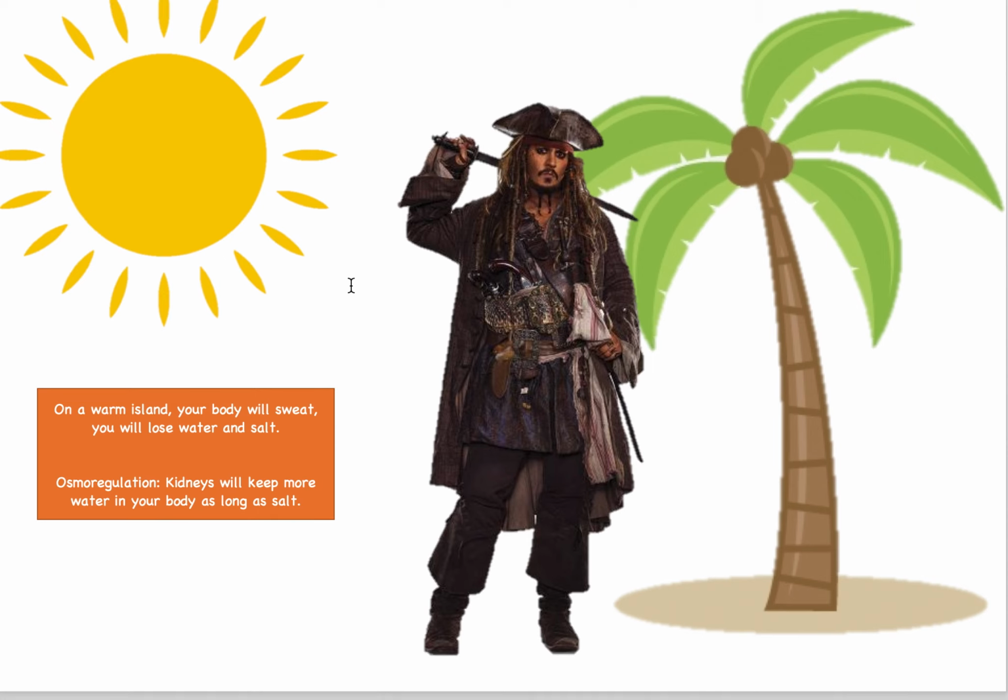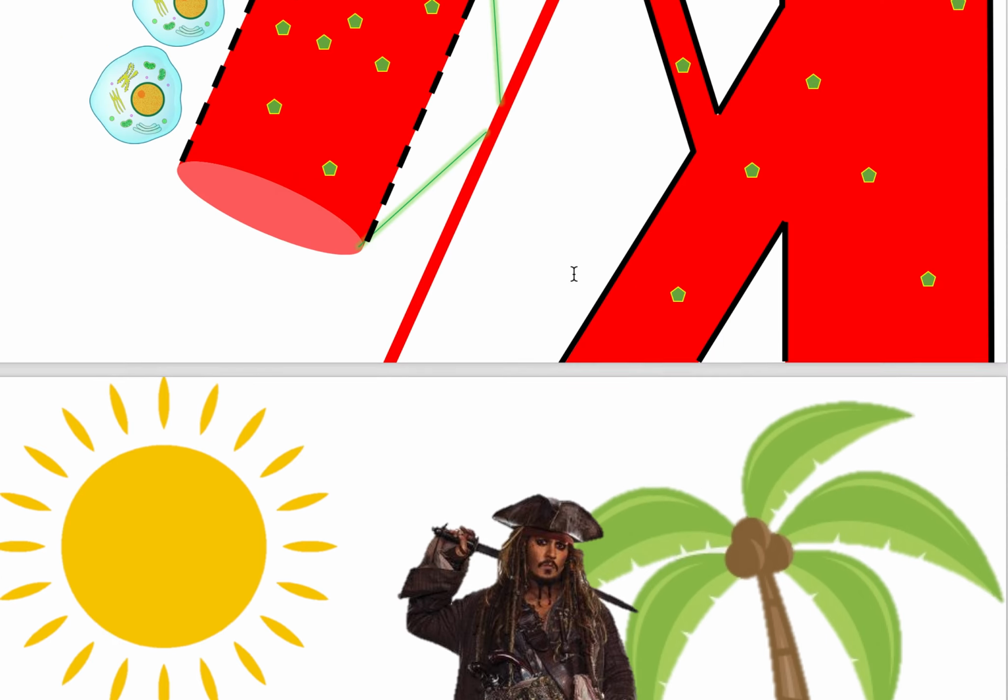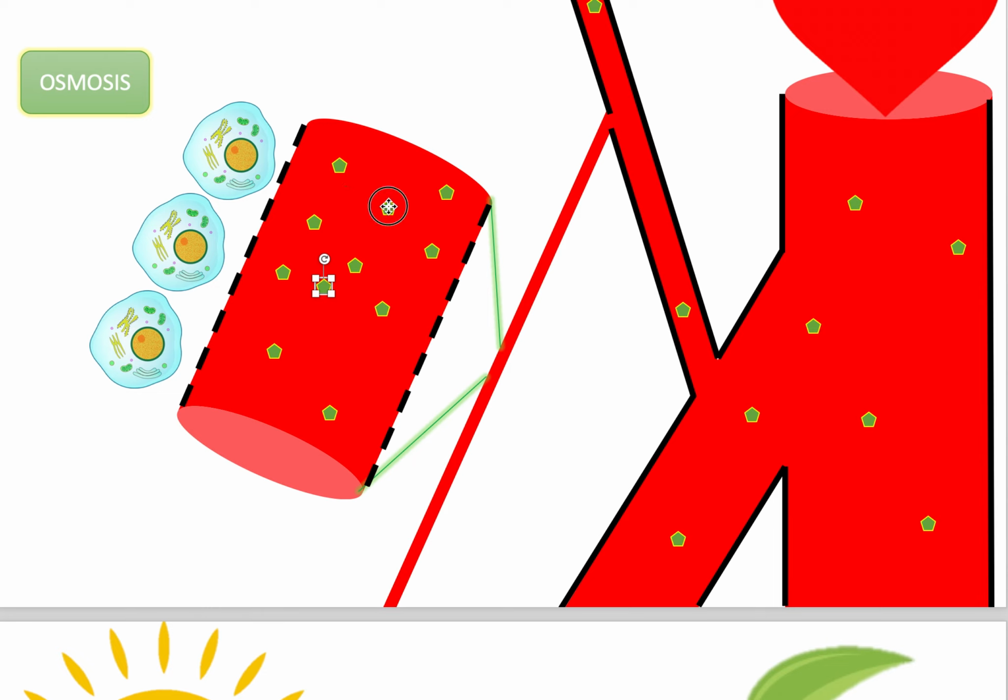We know on an island, especially with all those clothes, you will lose a lot of water, you will sweat. It's so hot. To keep your body cool, you will sweat. But the problem with sweating is you're losing water and salt, because we know our sweat is a bit salty. So we're losing water and some of these ions. And we know if we lose too much of it, then it's bad.